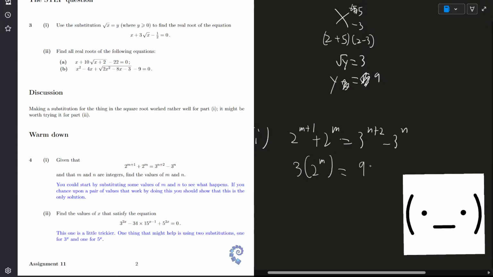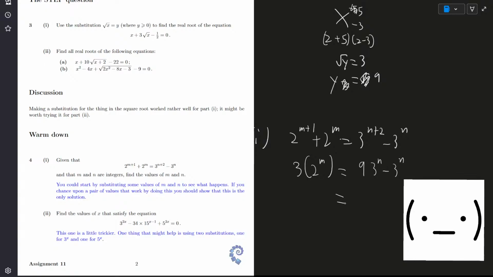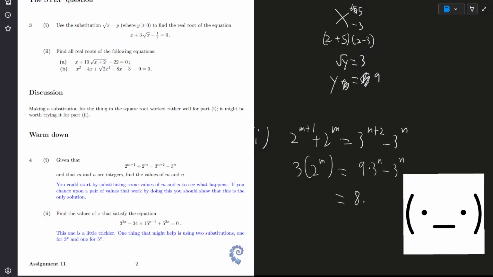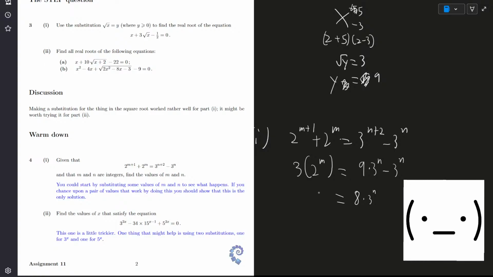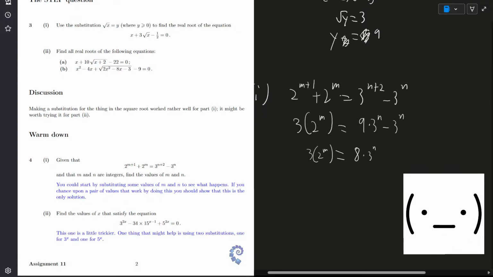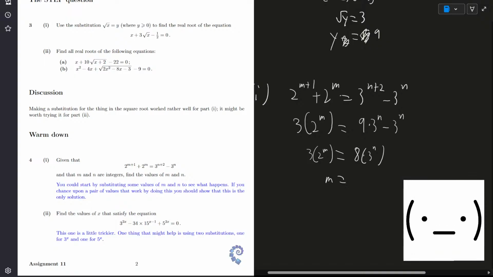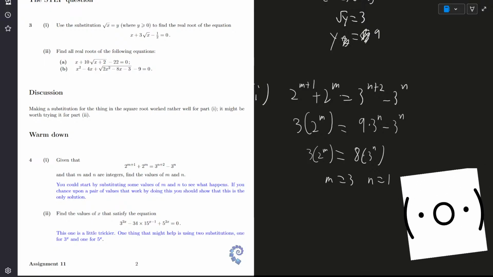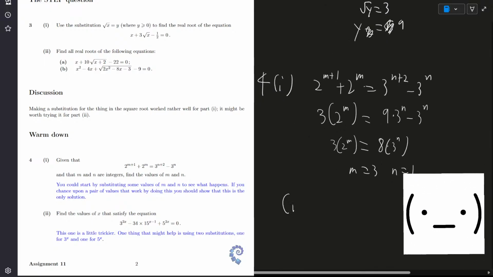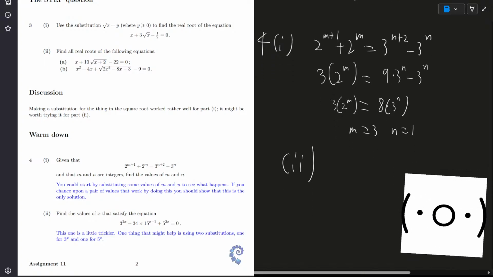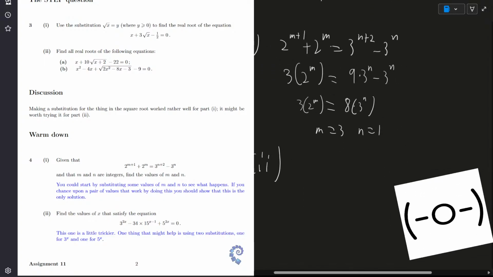I don't want to do them. m equals 3, n equals 1. Shocking! We did it. Right, so, trivial questions aside, let's go do the other one.